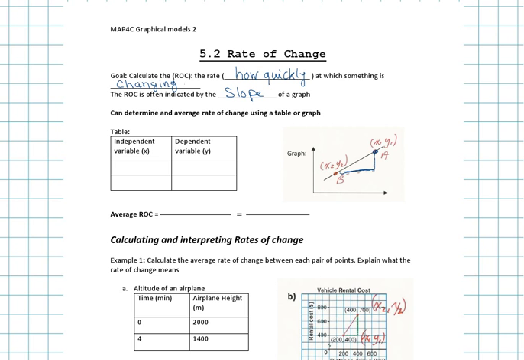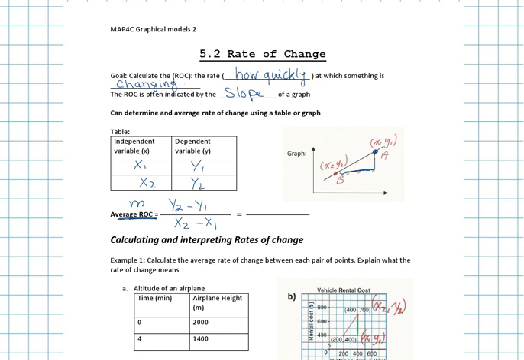Now, if I don't have a graph, if I have 2 points, I label the points as x1, y1, and x2, y2, and I use the formula of the slope, which is y2 minus y1 over x2 minus x1. So that's the average rate of change, which at the same time is the slope of the line.